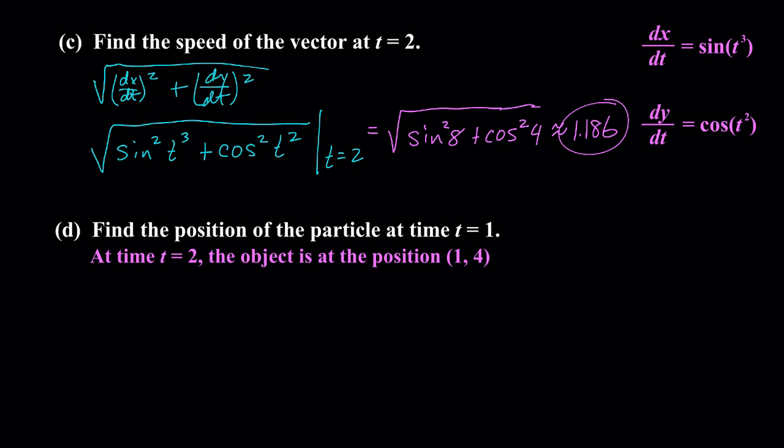In the x direction, that's the integral from t equals 1 to t equals 2 of sine of t cubed, the integral of x prime, which gives us x of 2 minus x of 1.